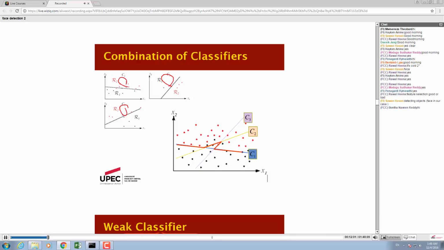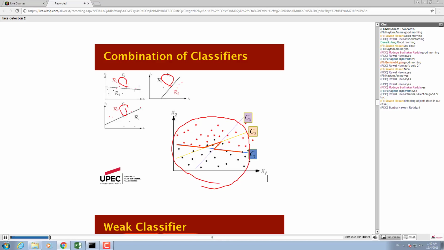But if we combine multiple thresholds and rules, for example larger than this value but less than another value, then we can generate a more accurate, stronger classifier. So this is the concept of combination, and this becomes a strong classifier.